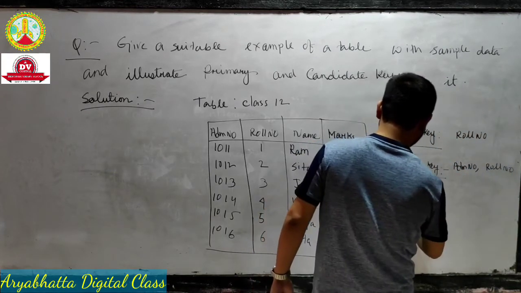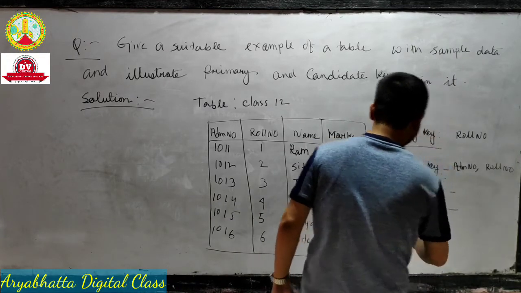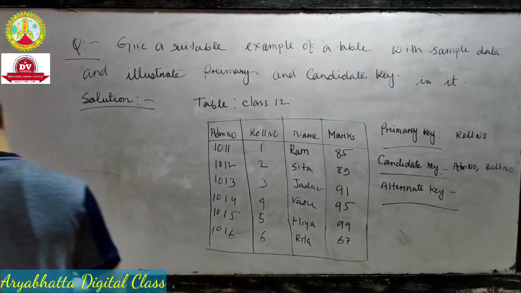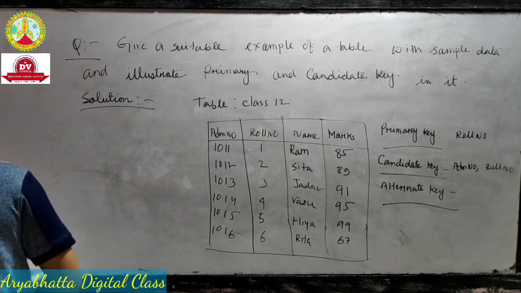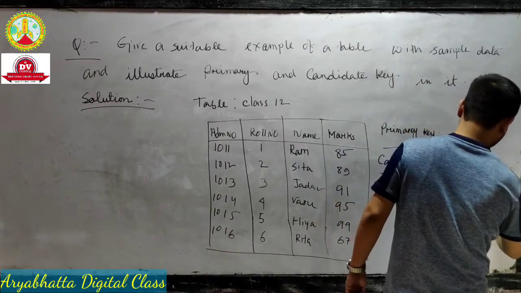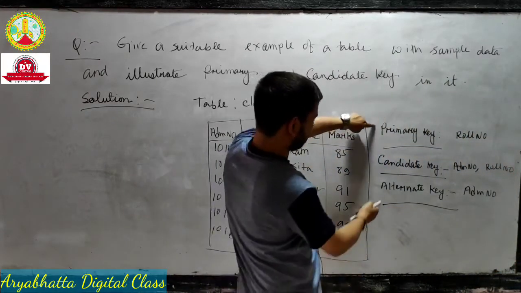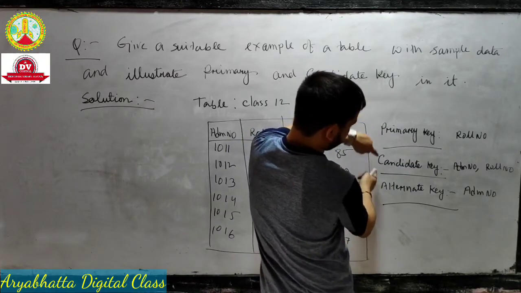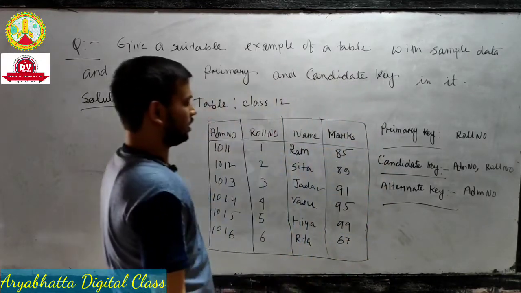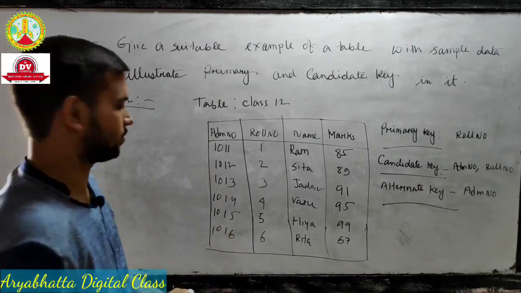And what is alternate key? Alternate key is not mentioned in the question, but I write it down. Alternate key is what? Admission number. Means alternation of primary key. And basically what you understood? The primary key and alternate key combination is called candidate key. You got it? Means primary key and alternate key both combination will be called candidate key. Okay?